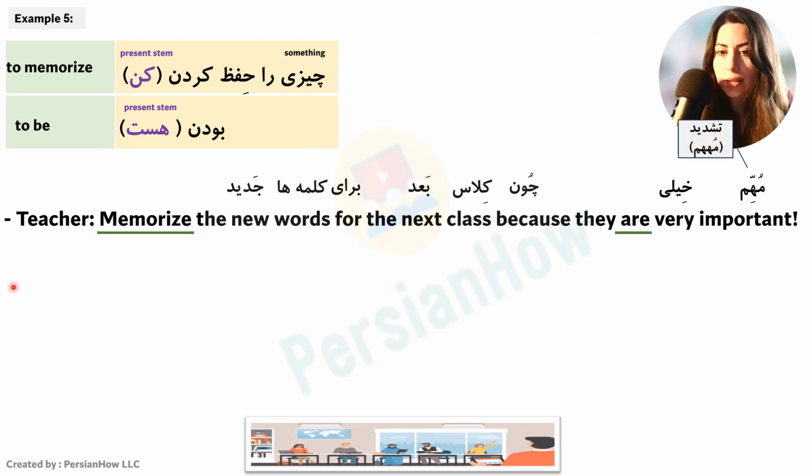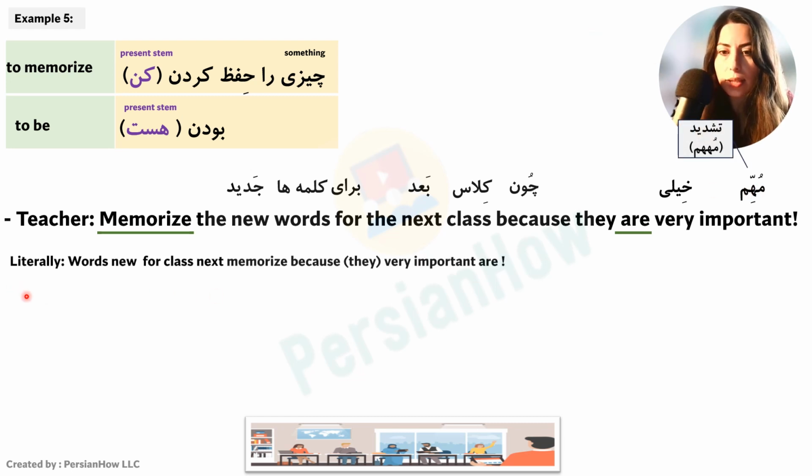So literally we are saying something like words new for class next memorize because they very important are. Remember here, why, for example, words new or why class next? Because in Farsi first comes the noun, then the modifier, and they need to be connected with اضافه.